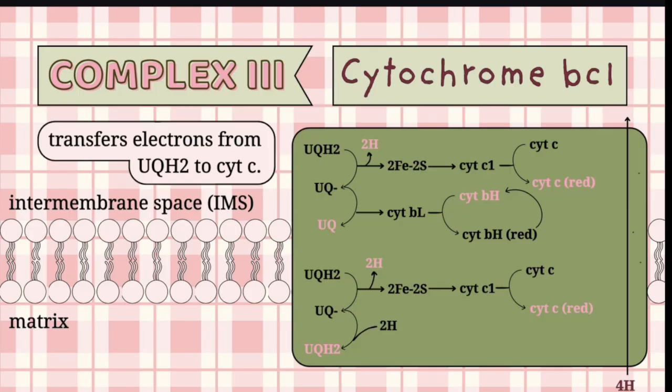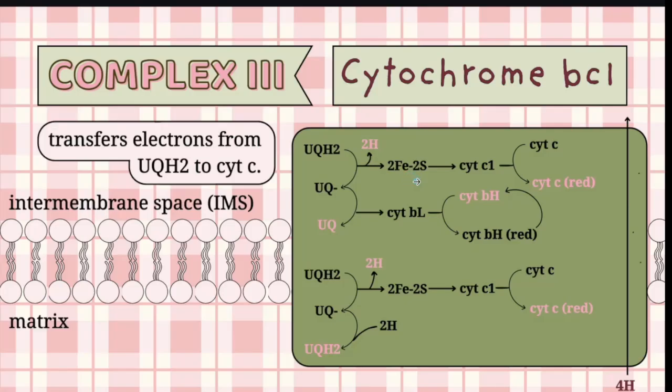Complex 3 is a homodimer, meaning it's made of 2 identical monomers, and each monomer contains 11 subunits, 4 of which are cofactors. These cofactors are called cytochrome Bl, cytochrome Bh, cytochrome C1, and 2Fe, 2S, so basically a 2 iron, 2 sulfur cluster.